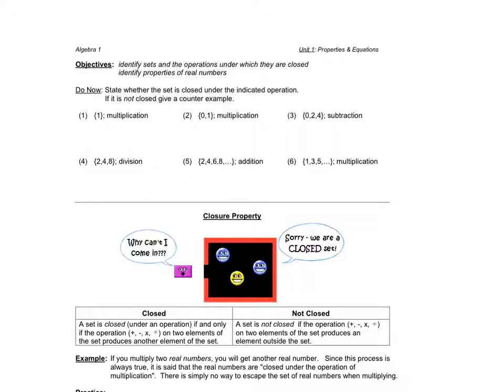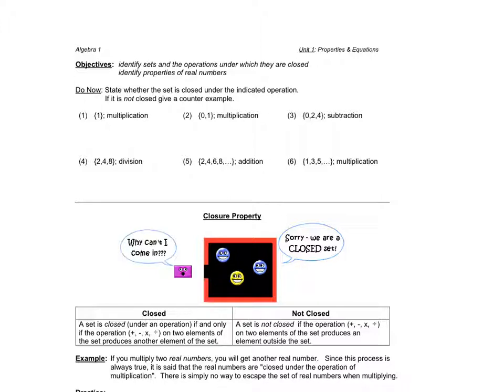All right. So if and only if the operation, and these are the four basic operations, it could be any operation, but we're focusing on these, on two elements of the set produces another element of the set. Not closed is the opposite of that.